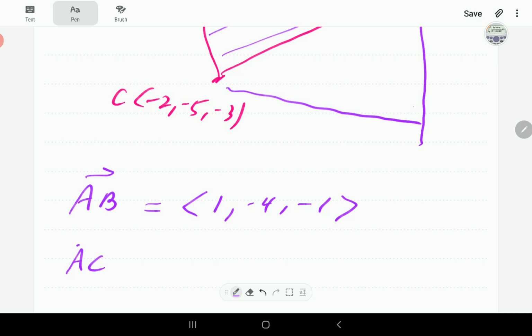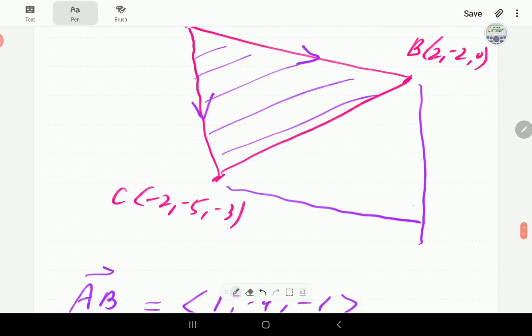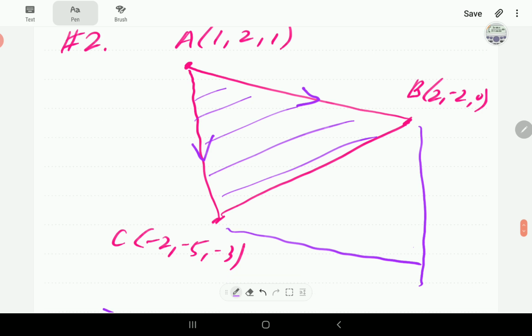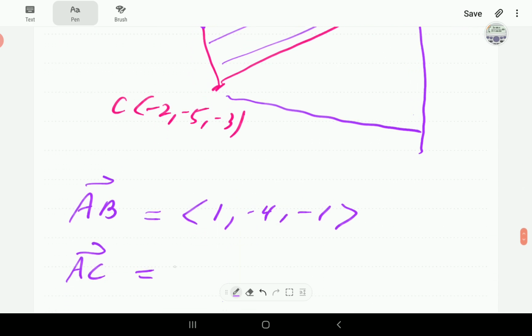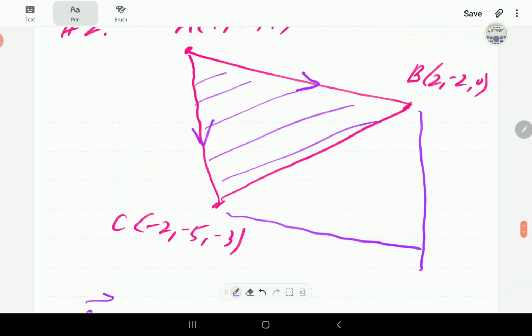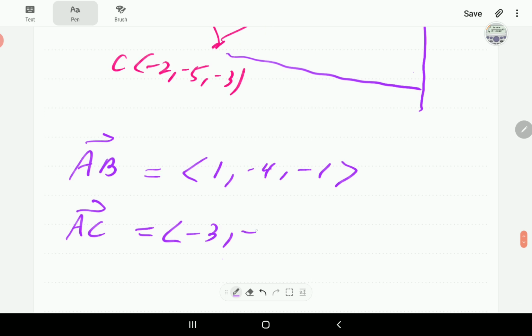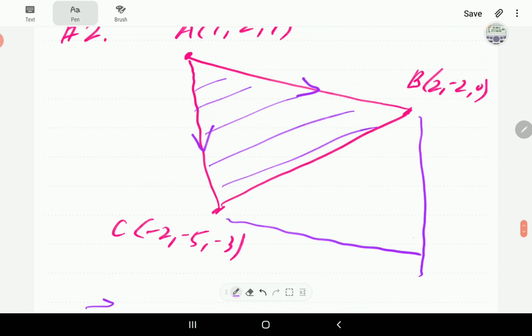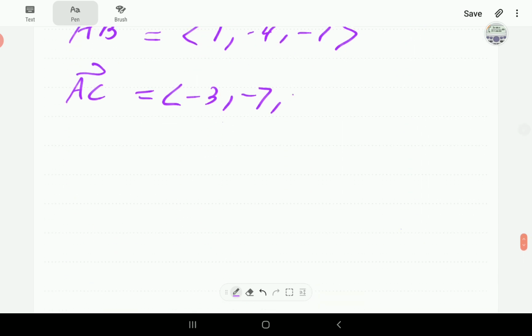Then AC, we do coordinates of C minus coordinates of A. X component is going to be -2 minus 1, which is -3, -5 minus 2, which is -7, -3 minus 1 is -4.